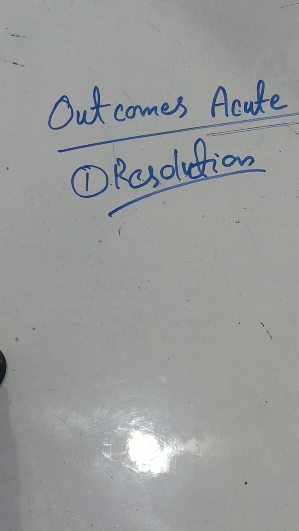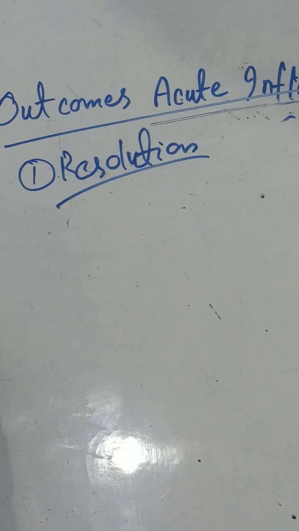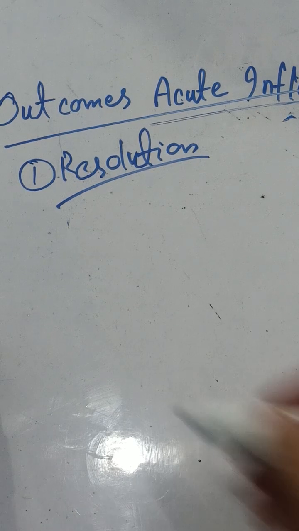It occurs when the injury is short-lived and minimal tissue damage occurs, so the tissue regenerates itself and returns back to normal. Its result is full restoration. The body can repair itself and resolve the acute inflammation.